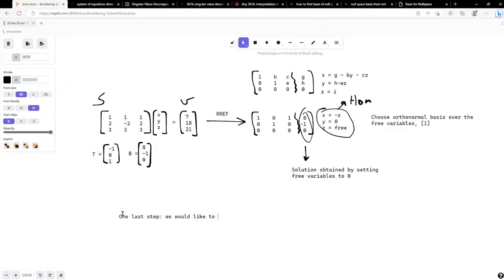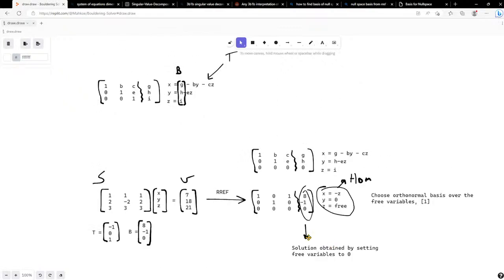We would like to determine the pivot variables from a geometrically meaningful point instead of arbitrary values for the free variables.